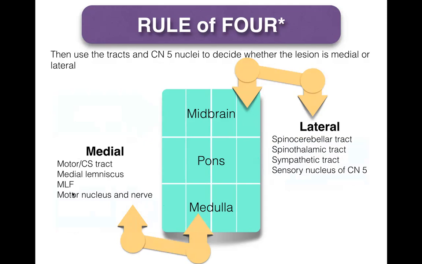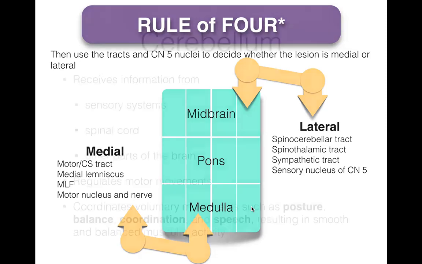If any of these structures are affected, then we can say that the lesion is medially located. Whereas if any of these structures are affected, then the lesion is laterally affected. So again, as of now, you don't have to worry about this because we shall have a very exhaustive lecture on the lesions that affect the brainstem in the coming weeks.